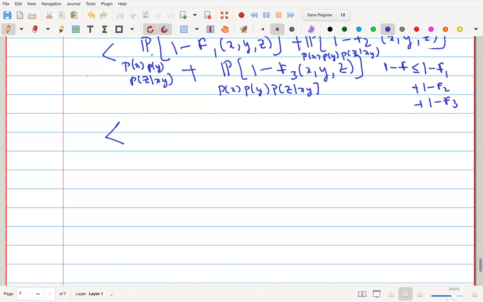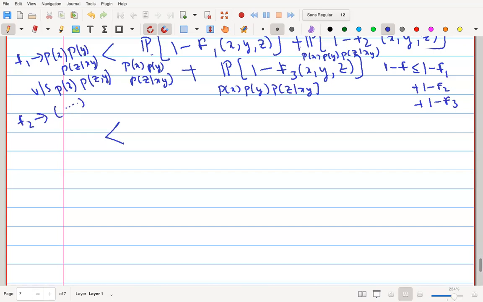So what was f1? f1 was the optimizing test for py, pz given xy, versus the negative hypothesis, which was px times pzy. Similarly, f2 was the test between the same positive hypothesis and the negative one.